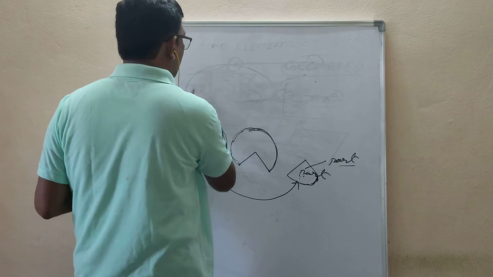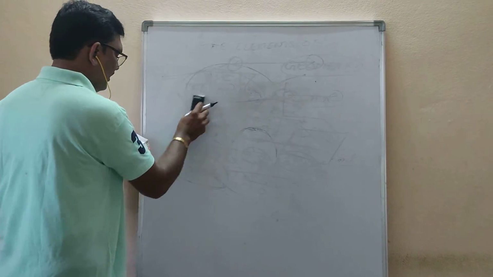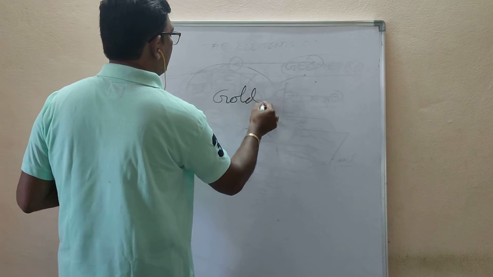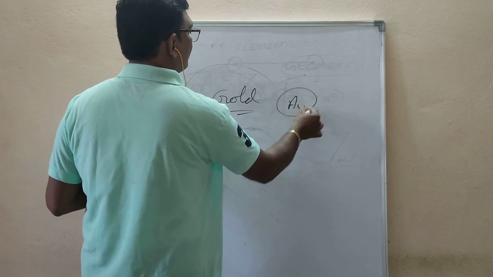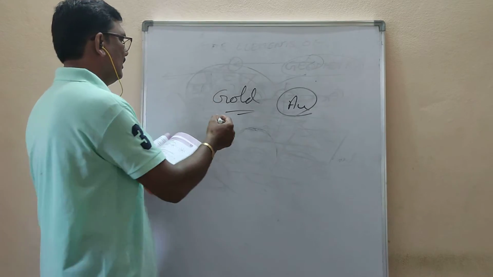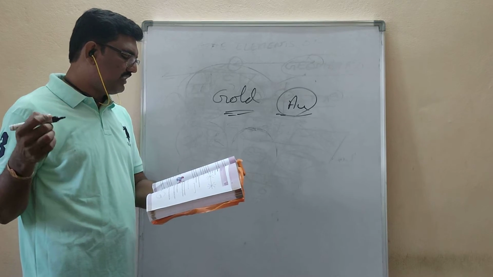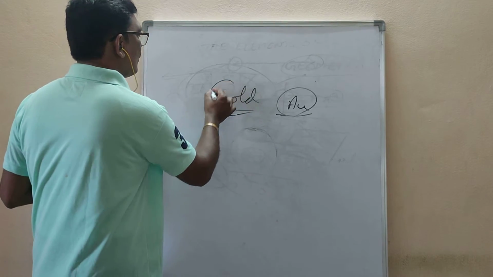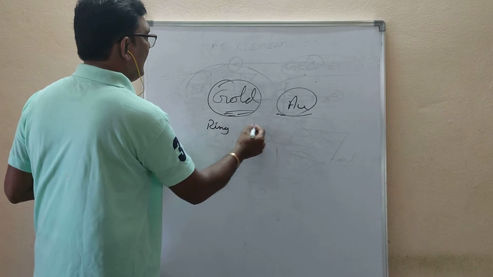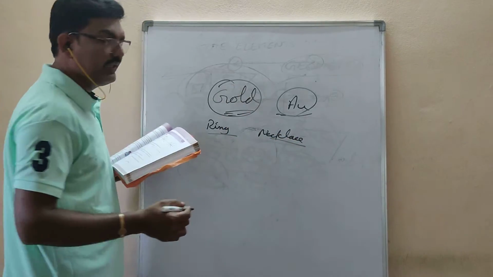For your understanding, I am giving one example: gold. Gold's Latin name is aurum, Au. Wherever it is, things which are equal to the same things are equal to one another. So gold ornaments, if you take a ring and a necklace, both are made of gold only.